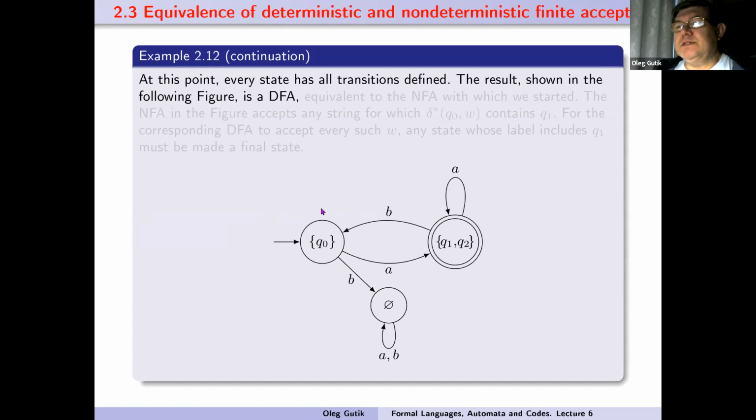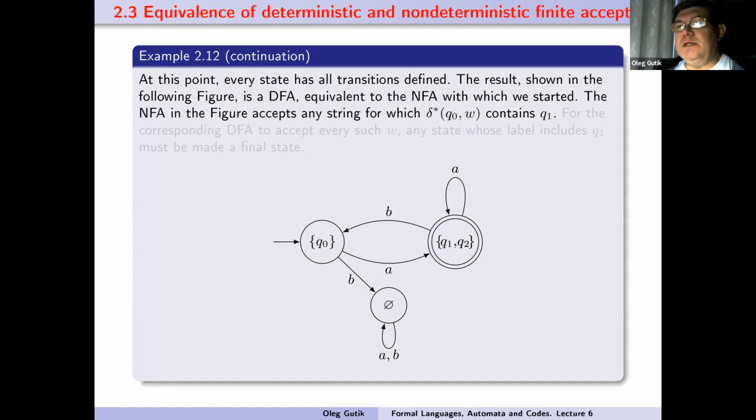So input state Q0, output state Q1, which consists of a set of two elements Q1, Q2, which are the states of the deterministic finite acceptor. In this figure, such a deterministic finite acceptor is equivalent to the non-deterministic finite acceptor with which we started.